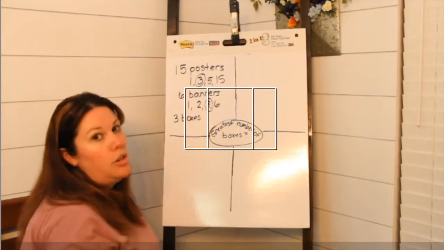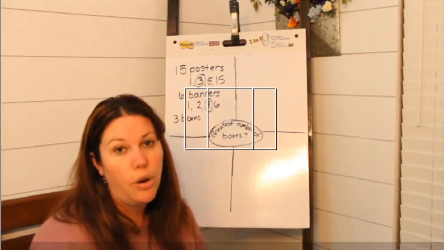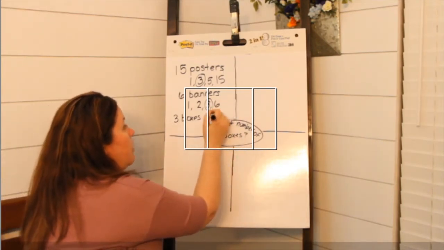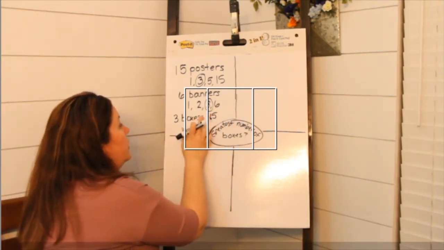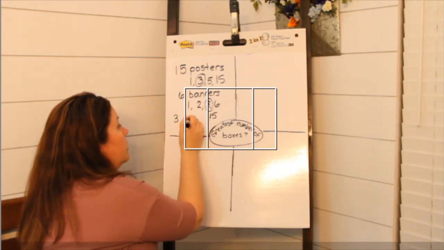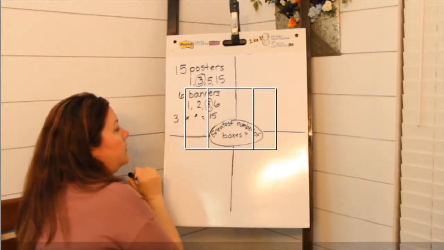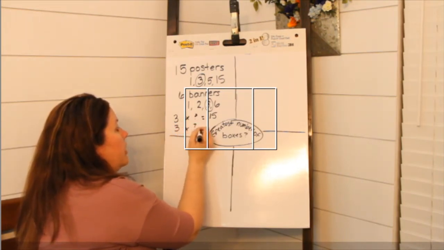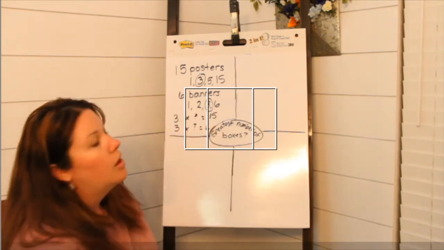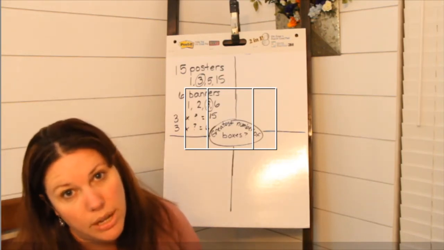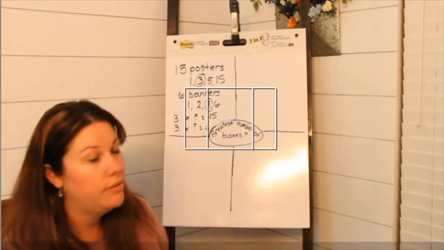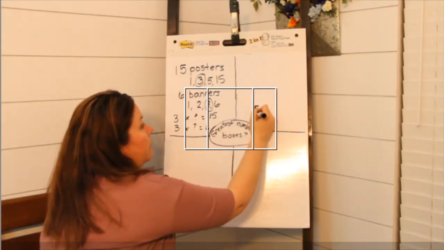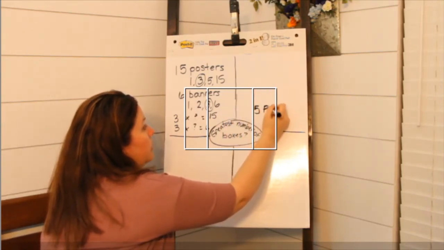And then we need to know how many banners is going to go in each box. Well, we're trying to equal 15 posters. So we're going to now multiply 3 times what number is going to equal 15 for posters, and then 3 times what number is going to equal 6. So what number times 3 equals 15? 5. So that means that the answer, I'm going to put that over here, is going to be 5 posters.